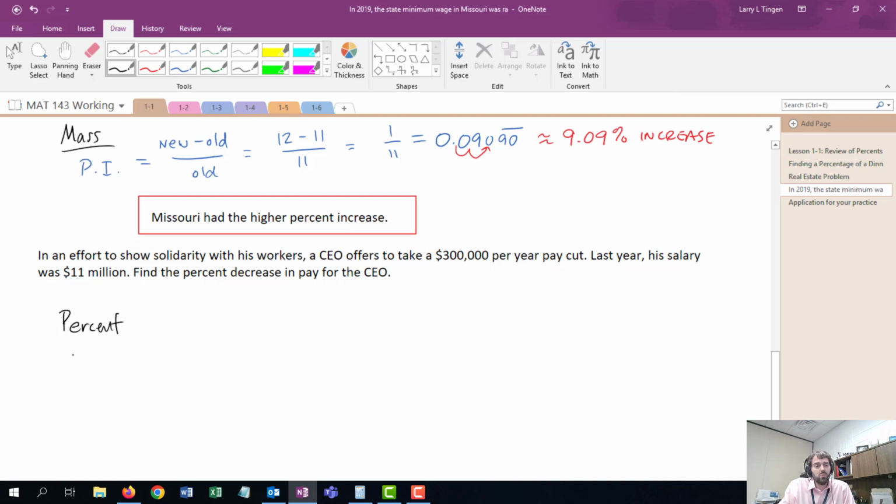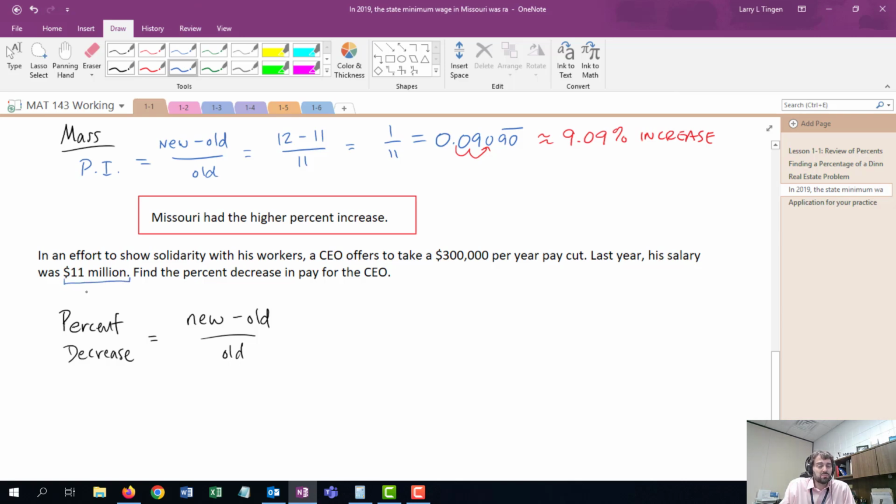It works the same way. Well, it's the new minus the old divided by the old. I don't have those two numbers given to me in the problem, but I can find them pretty easily.